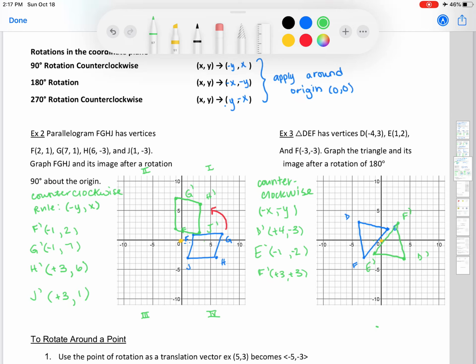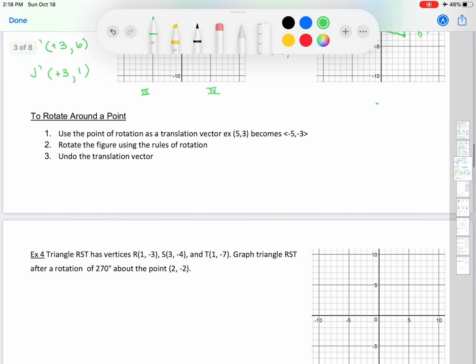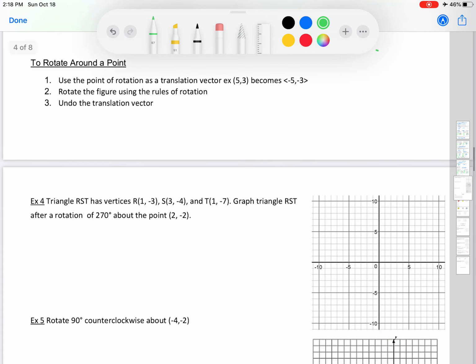So this is how we rotate around the origin. Now, this is formal geometry, so things get a little challenging sometimes. So we always want the luxury of rotating around 0, 0, but that doesn't always happen for us. So we also need to talk about how to rotate around a point that's not the origin.